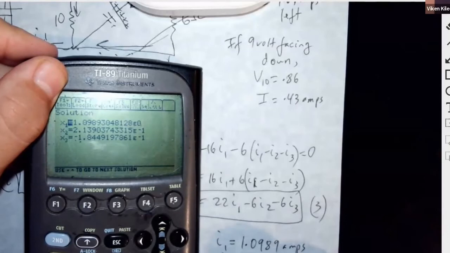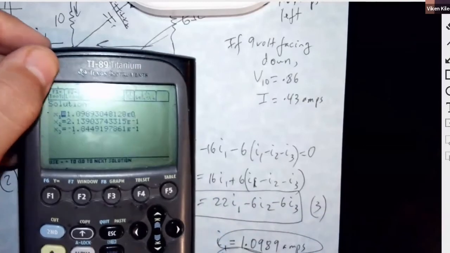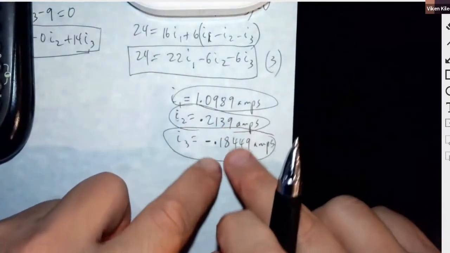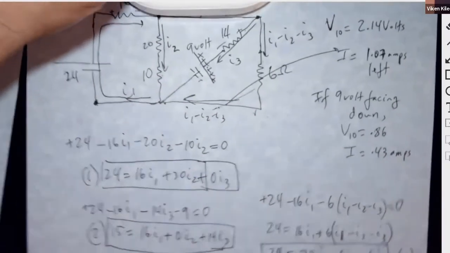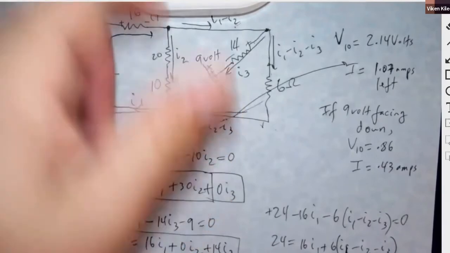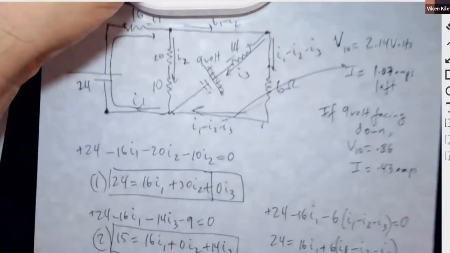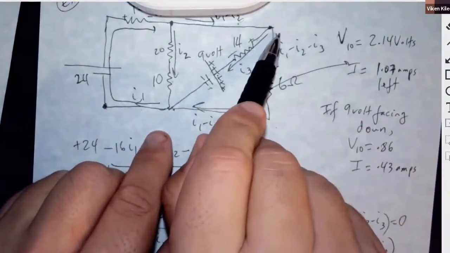Wherever you see a negative, that means that flips the direction of the current. So what does that mean? If the I3 came up negative, negative 0.18449, that means that the current here is actually flowing up that way.